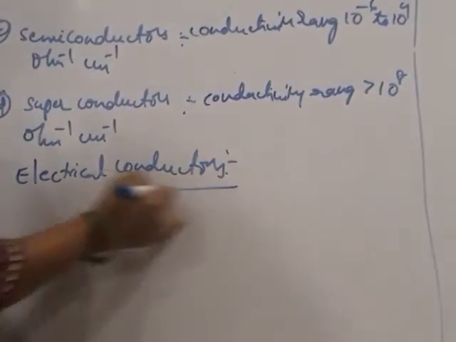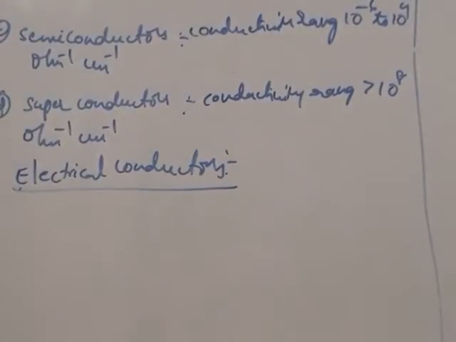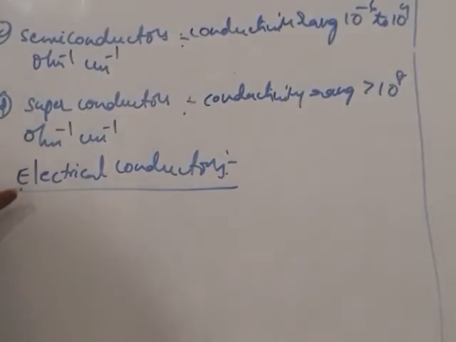Then coming to electrical conductors. In electrical conductors, conductivity takes place through the flow of electrons. Generally, conductors are of two types: electrolytic conductors and electrical conductors.